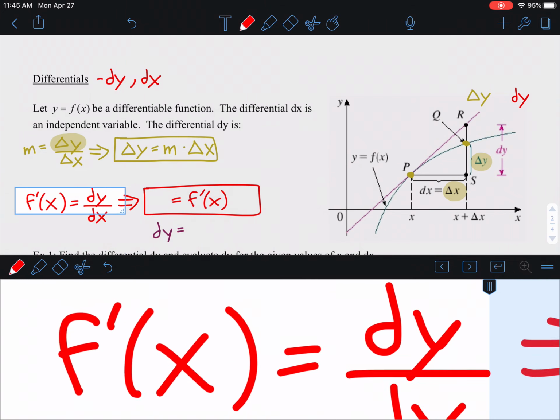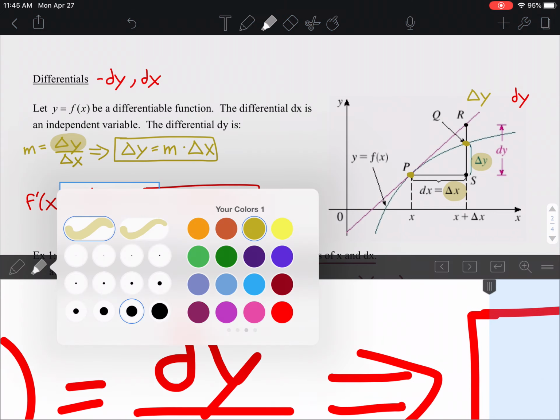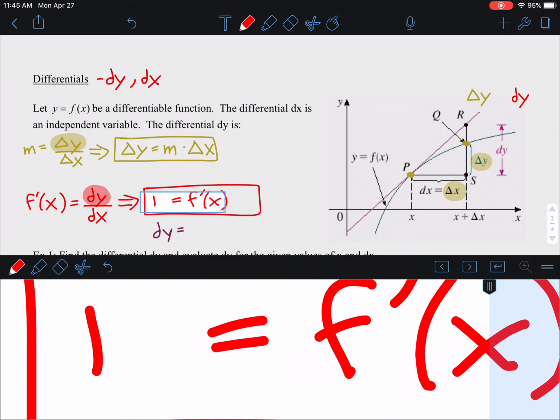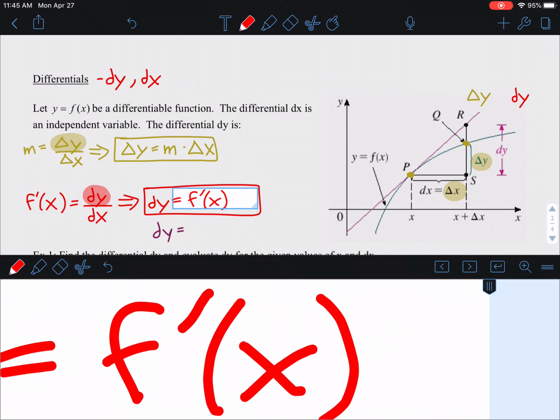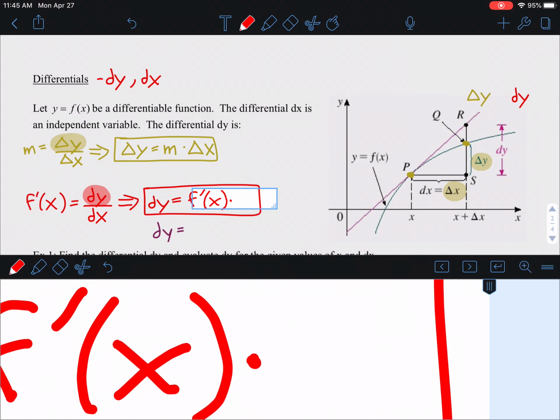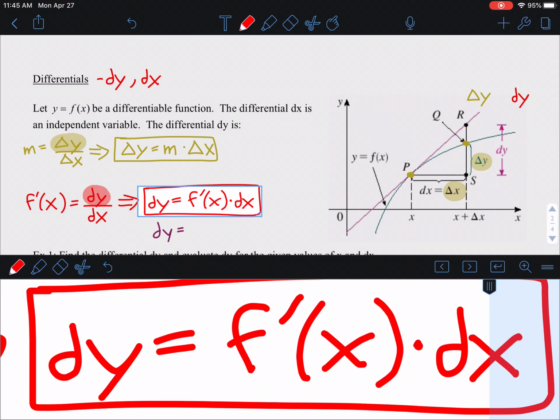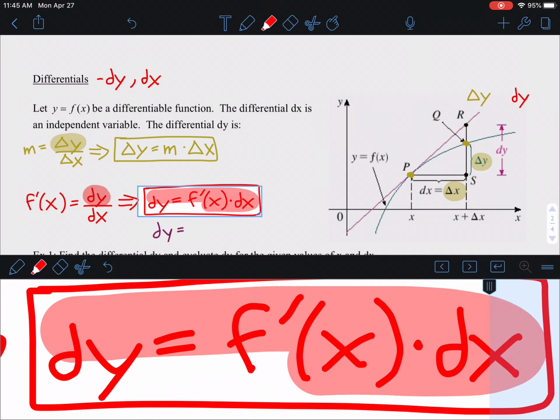And now I'm going to solve for the differential dy. So dy is going to be f prime of x times dx.